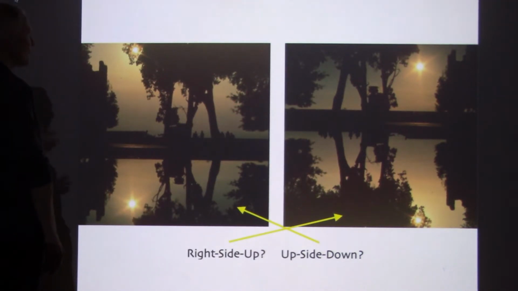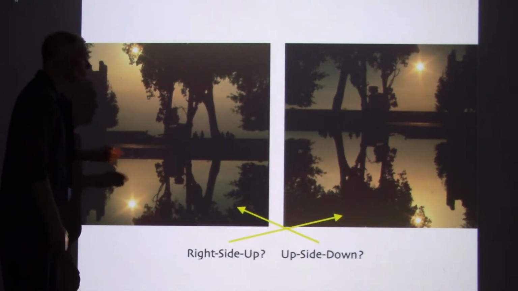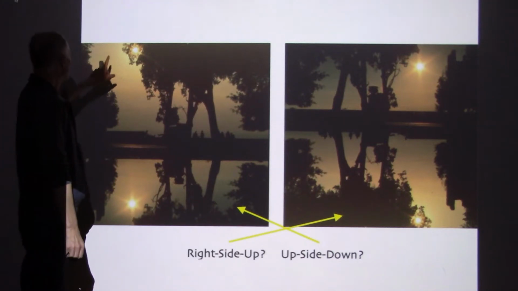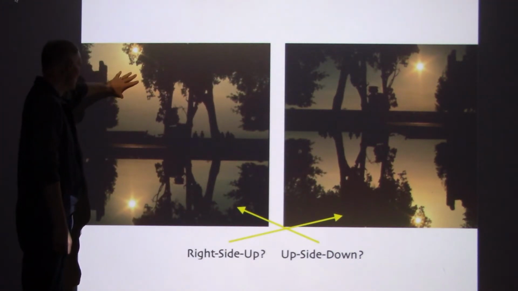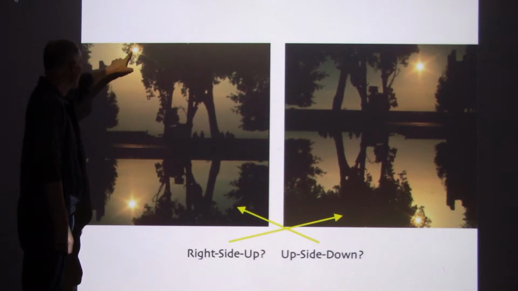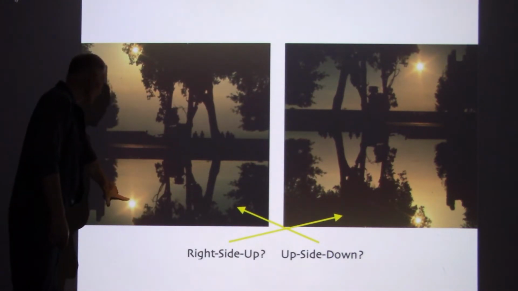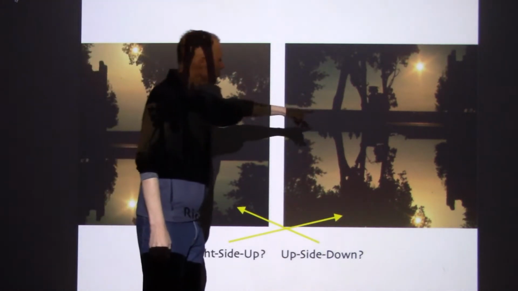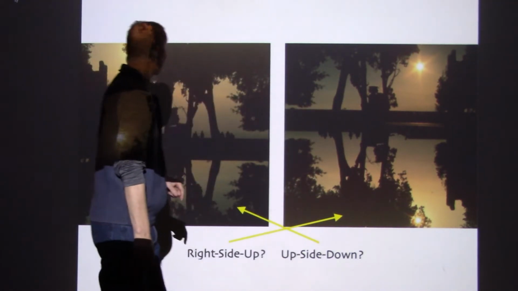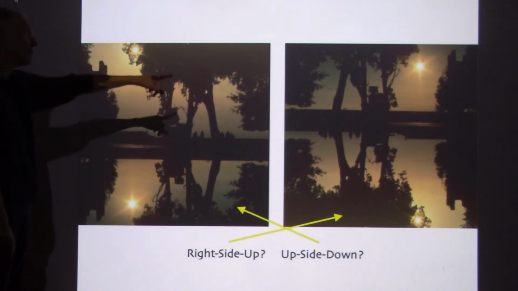Which of these is right side up and which is upside down? With that diagram we had before, this would be the right side up picture, where the light is coming through the trees and reflecting off of the lake. And over here, that picture was upside down.